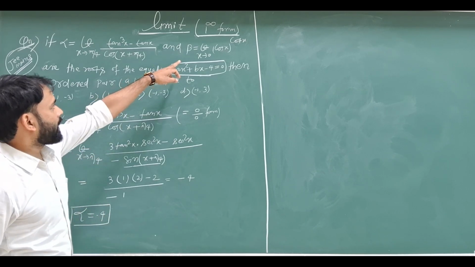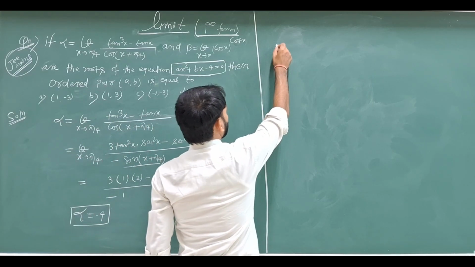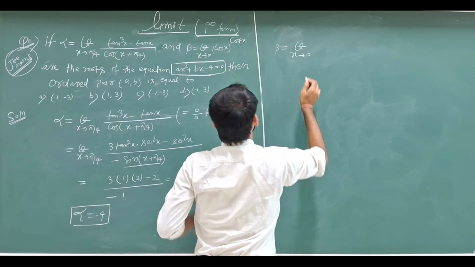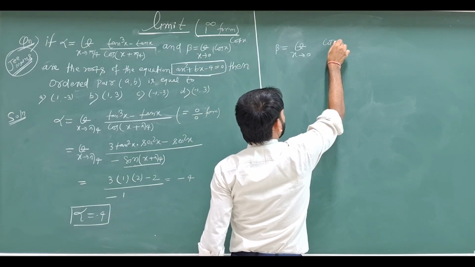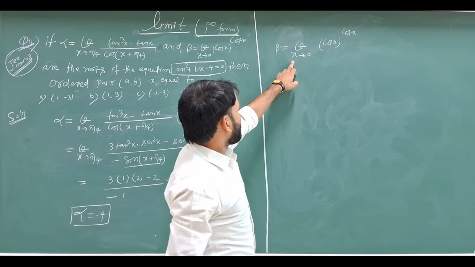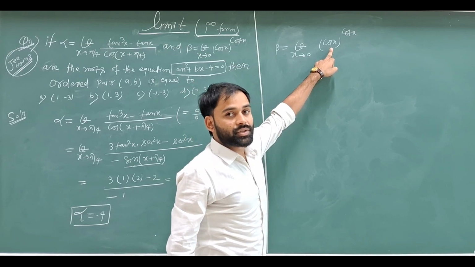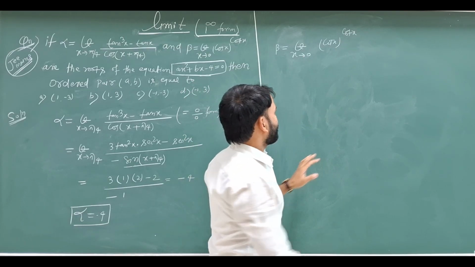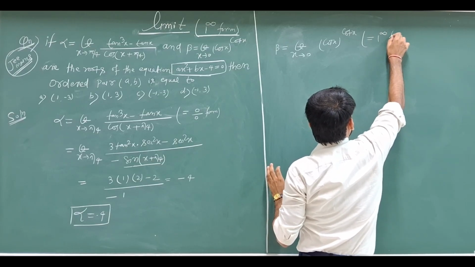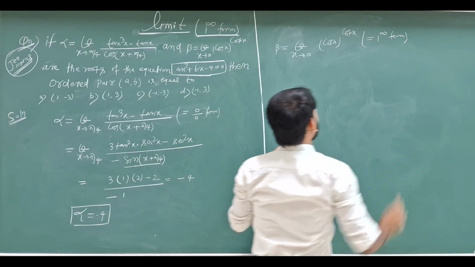Now next we have to find the beta. What is the beta? Beta is equal to limit x tends to 0 of cos x to the power cot x. As x tends to 0, cos x goes to 1 and this quantity cot 0 goes to infinity, so it is the 1 to the power infinity form.